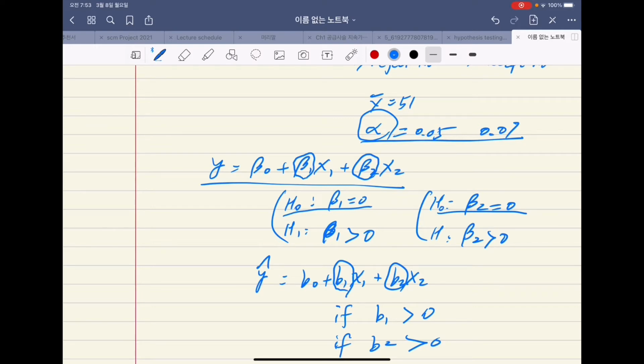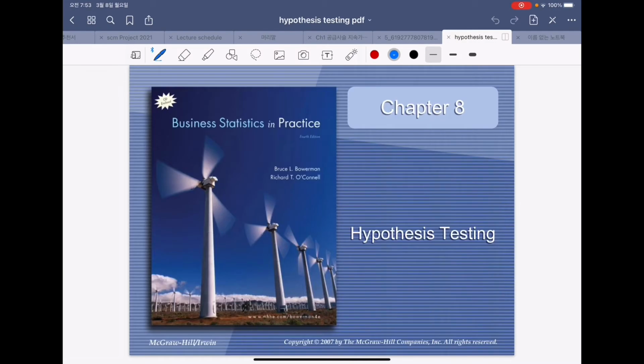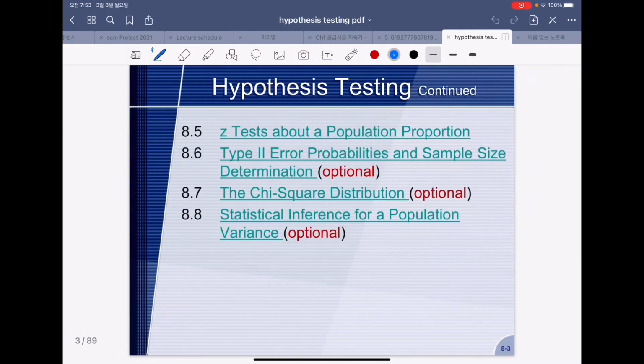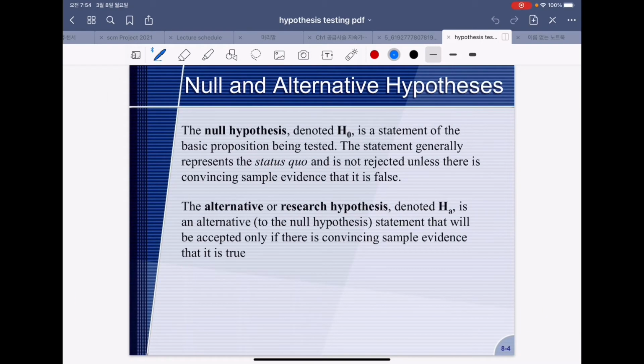So we are going to study hypothesis testing today. Now let's go into hypothesis testing. As I said, hypothesis comes in pairs. One is called the null hypothesis.